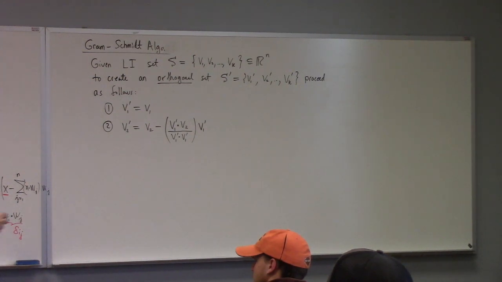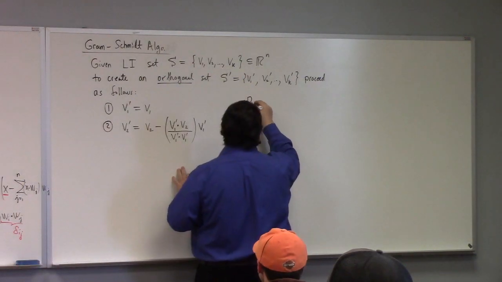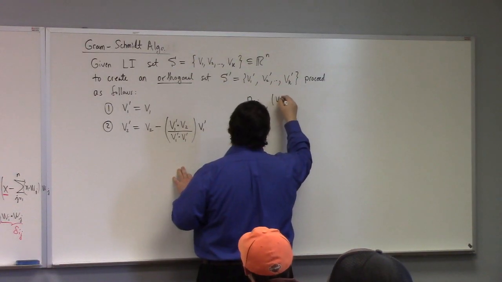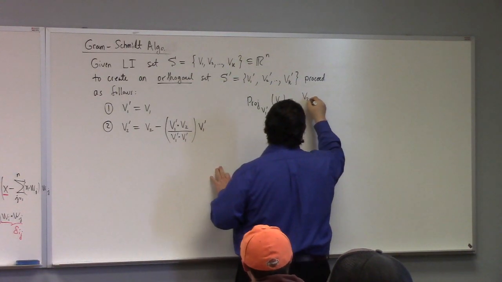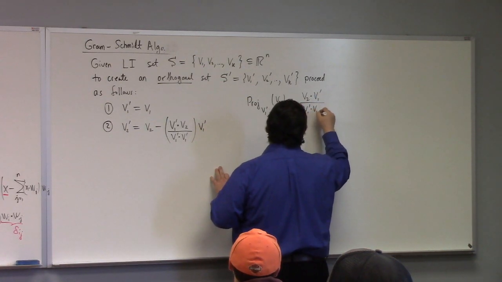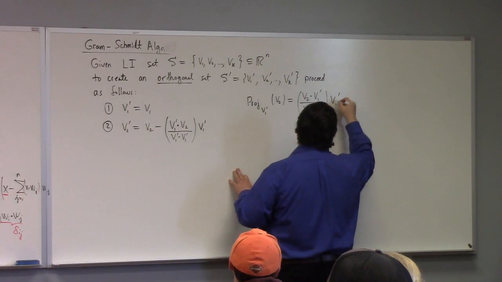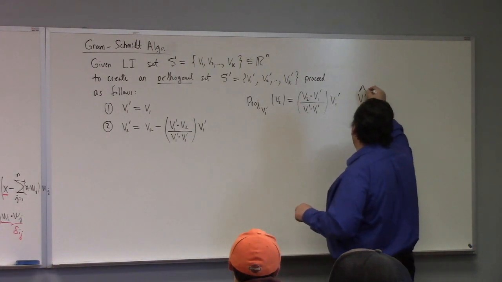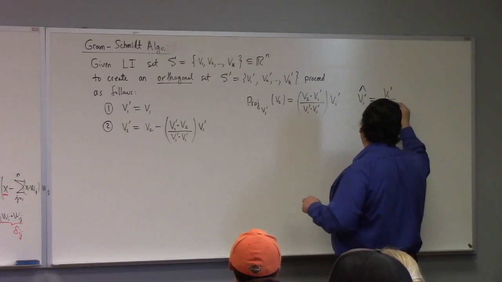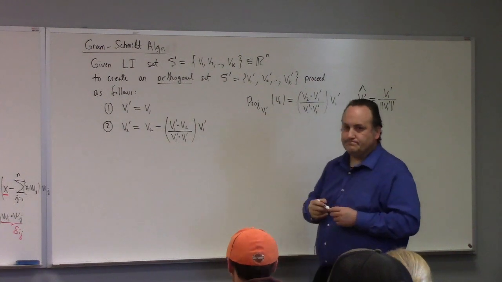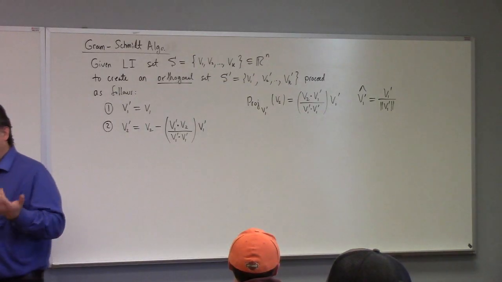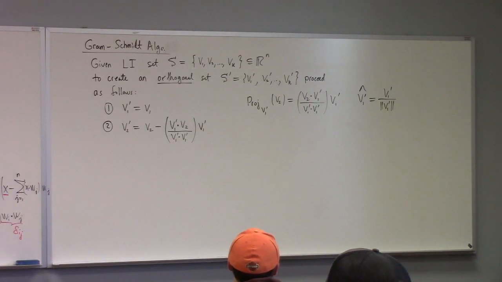So the formula for the projection onto the V1 prime direction of V2 would be equal to V2 dot V1 prime over V1 prime dot V1 prime times V1 prime, because V1 prime hat is V1 prime divided by the length of V1 prime. So when you unwrap the projection, you're actually dividing by the dot product of the vector with itself.